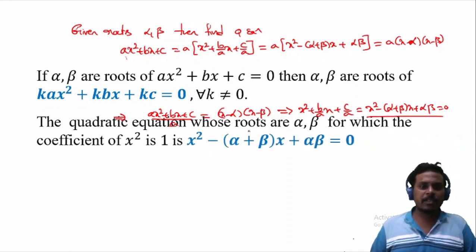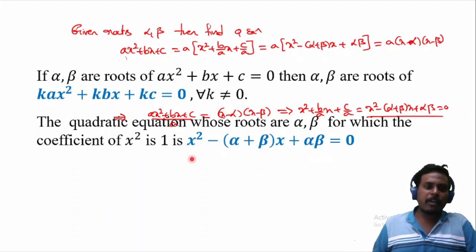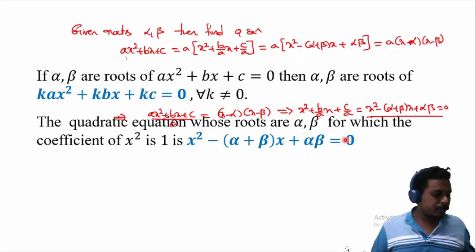The quadratic equation whose roots are alpha comma beta, for which the coefficient of x square is 1, is x square minus of alpha plus beta into x plus alpha beta is equal to 0. So from now onwards, if alpha comma beta are the roots given to find a quadratic equation, we are going to find a monic polynomial, such that the equation becomes x square minus of alpha plus beta into x plus alpha beta is equal to 0.